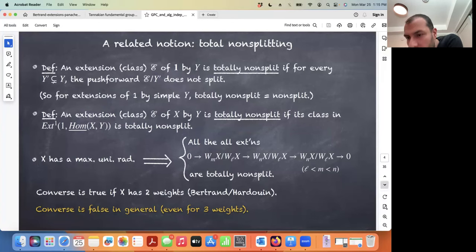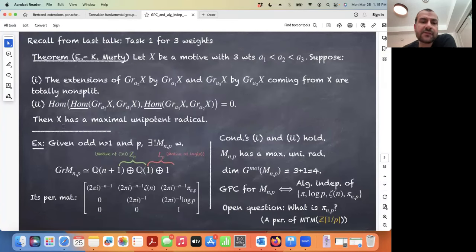Okay, so now, this is from last time. This was the first task, about giving a criterion for maximality.